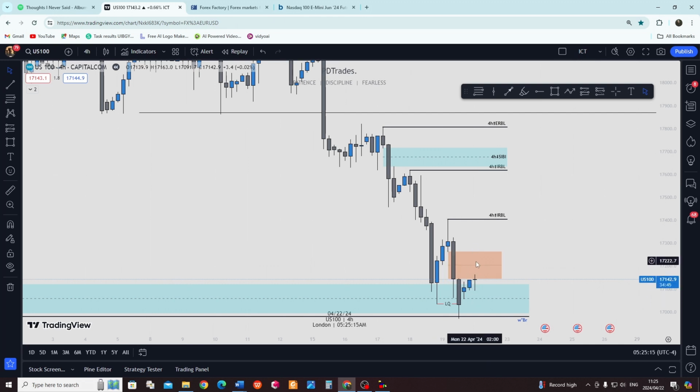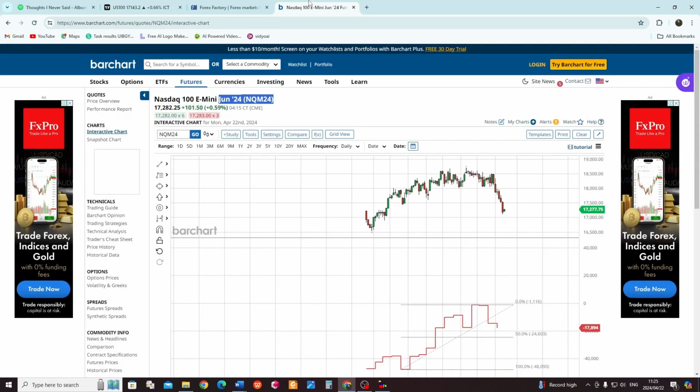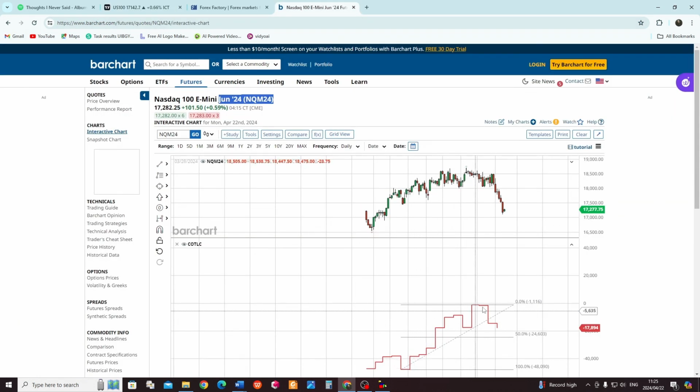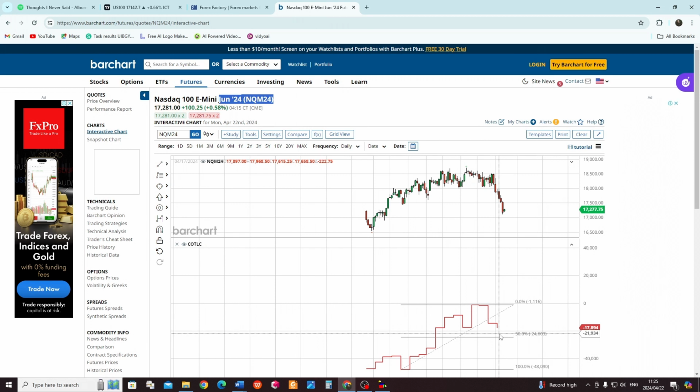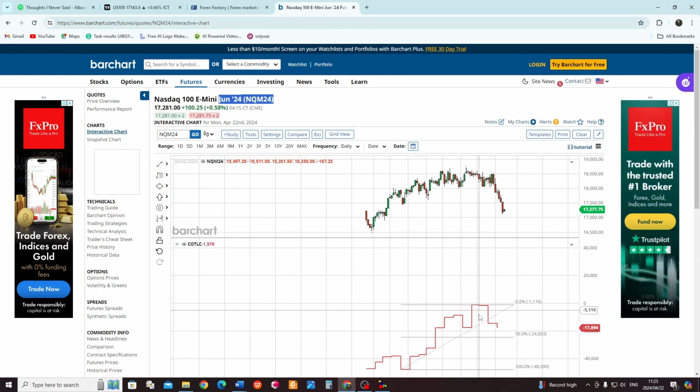But where is my liquidity? Where is my drawn liquidity? These key areas here. So I know that if it does not use this fair value gap to continue to the downside, but displaces to the buy side, it will use this to push and take out all this liquidity that was being generated here and push to the downside.